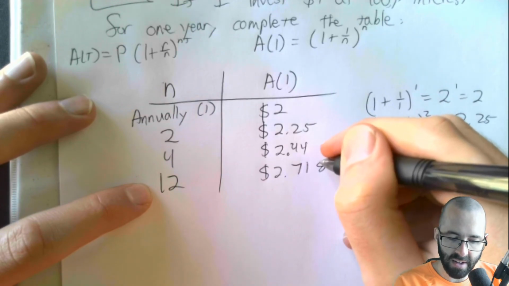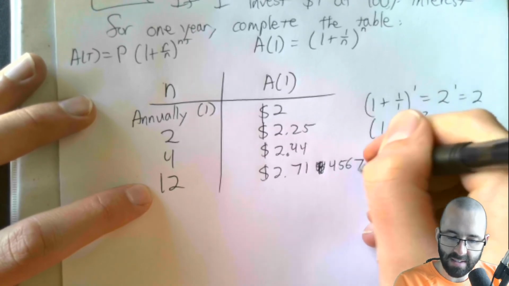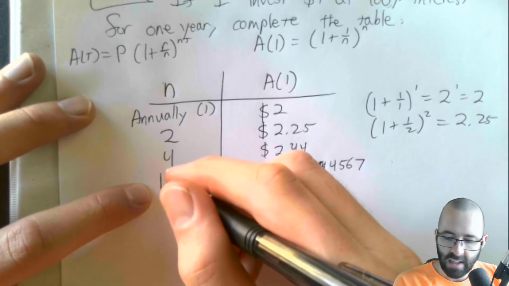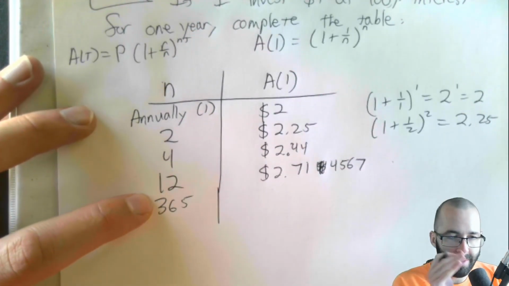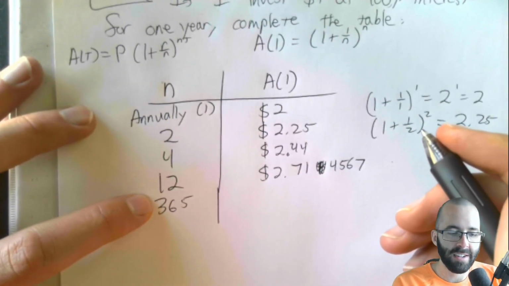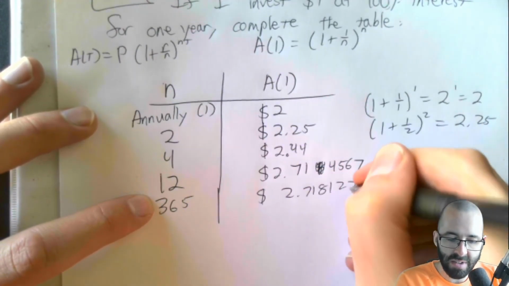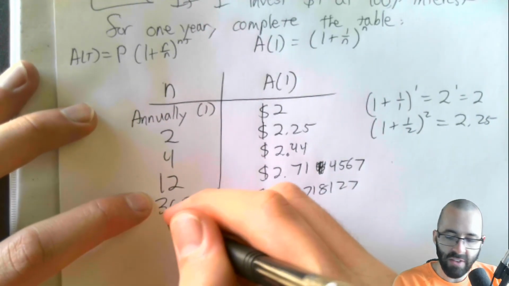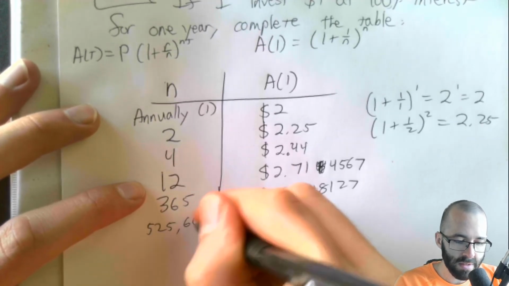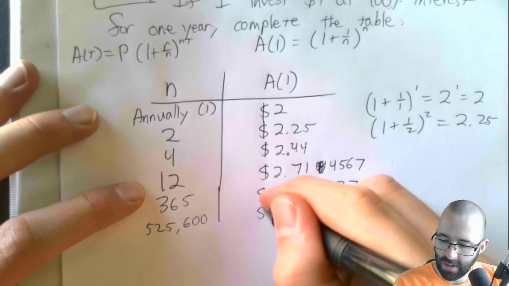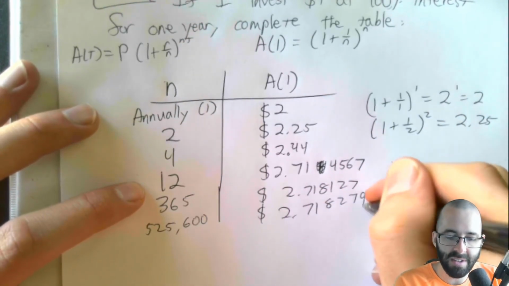If it compounds daily, 365 or 366 times in a year, it's going to be 2.718127. And if it compounds minutely, we have 525,600 minutes. All right, great. And we're going to have $2.71, sort of with some other stuff.